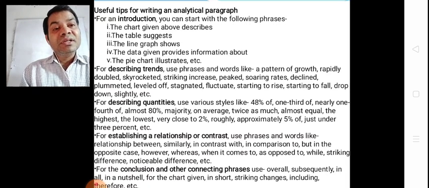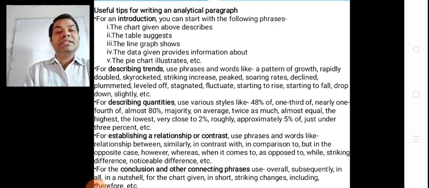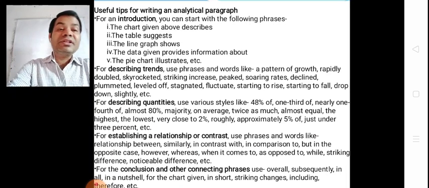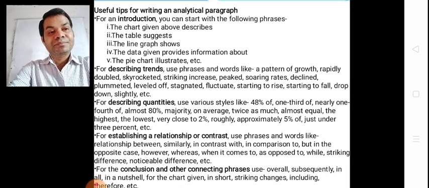The chart given above describes, the table suggests, the line graph shows, the data given provides information about, the pie chart illustrates, etc. So these are some phrases by which you can start your analytical paragraph.